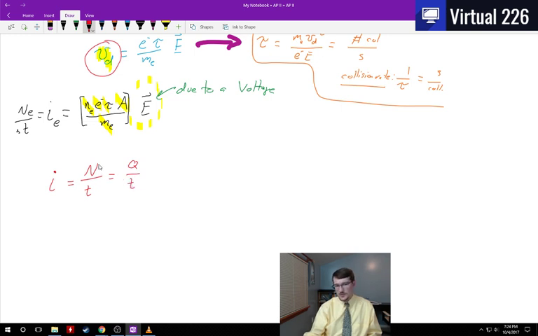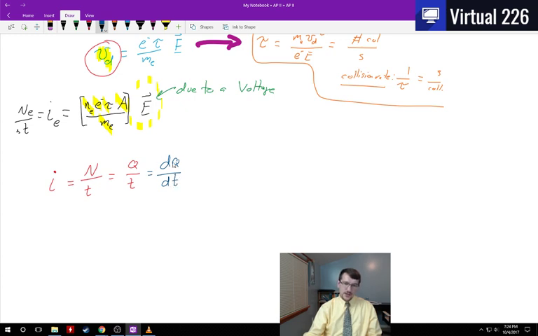Okay, because each of these has some amount of coulombs associated with it. If we wanted to, we could break this down into its differential piece and say that in general this is some change in charge in some change in time.